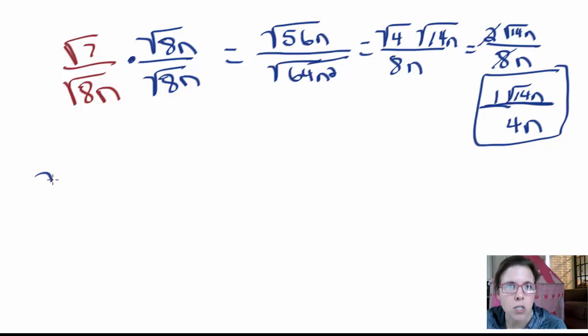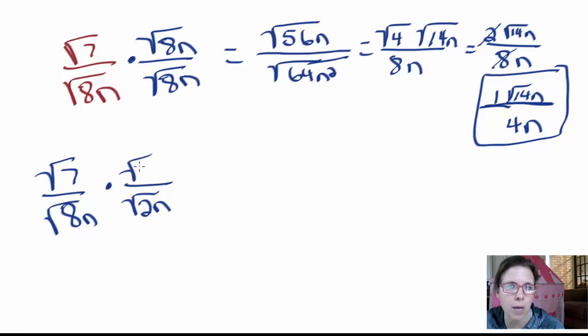You can do the square root of 7 over the square root of 8n. All you need to do is multiply this denominator to make it a perfect square. So technically we could have just multiplied by the square root of 2, but what you do on the bottom, you have to do on the top, because this would have given me 16n. You can do it that way and you wouldn't have to reduce at the end.